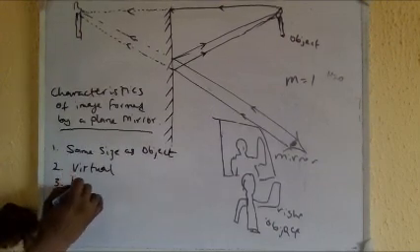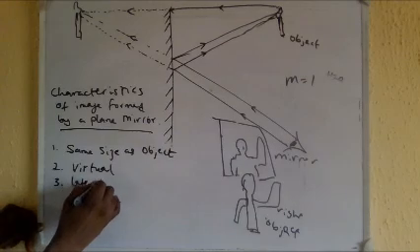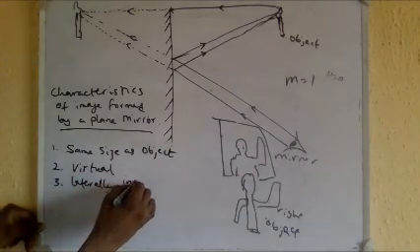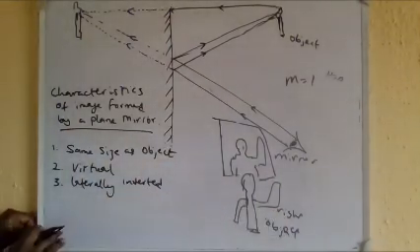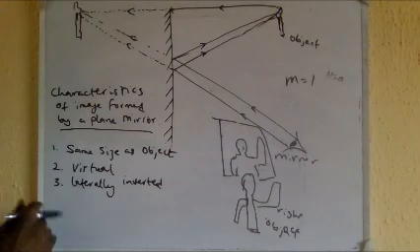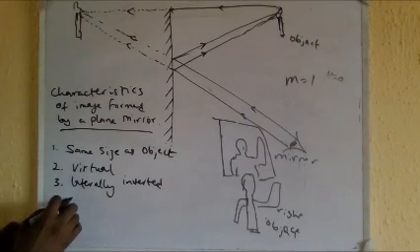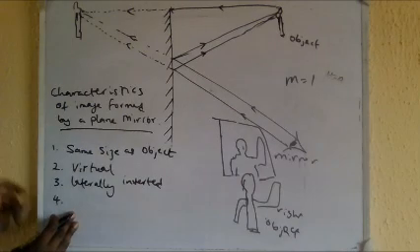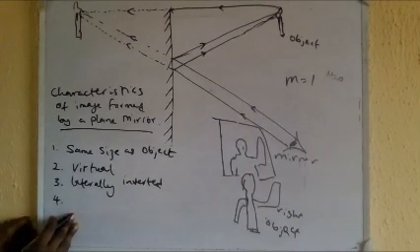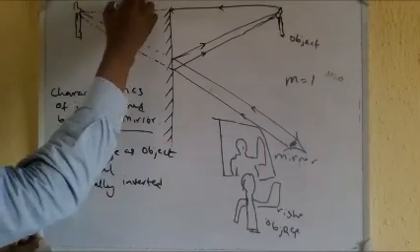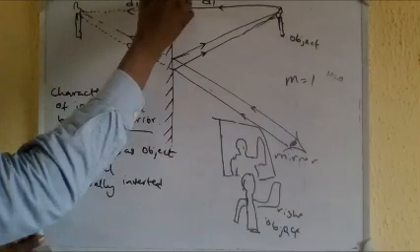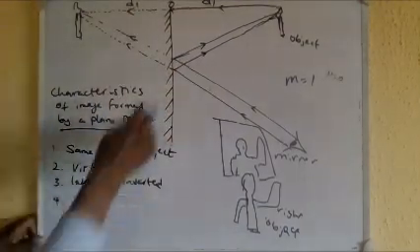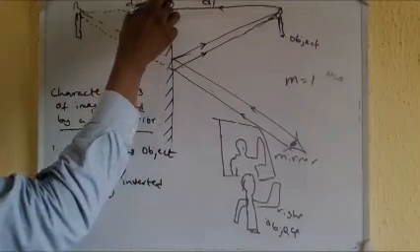I've explained lateral inversion here, the plane mirror effect. Then number 4, it is as far behind the mirror as the object is in front of the mirror. That's the same distance. D1 and D1, the same distance from the mirror. So here to here is the same as here to here.